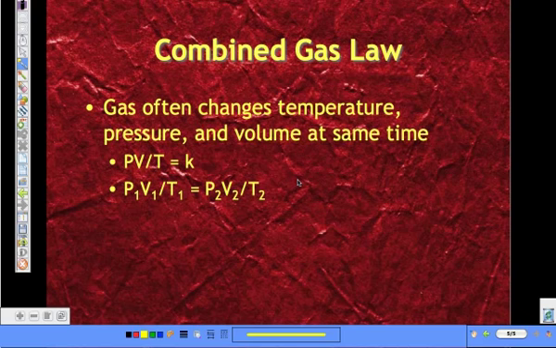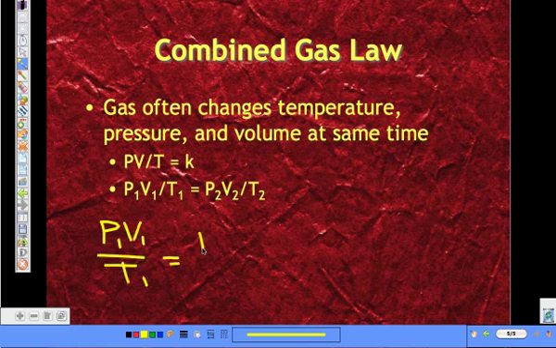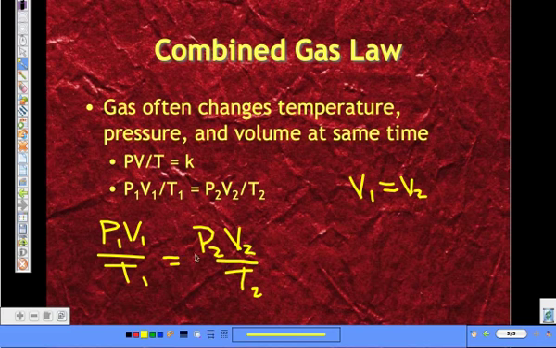You wouldn't have to remember those three individual ones because, let's say, I'm going to rewrite this so that it's in this format. Let's say the problem tells us that volume remains constant. So if volume remains constant, that means V1 is equal to V2, right? So I could rewrite this with V1 instead of V2 here, because they're equal to each other.